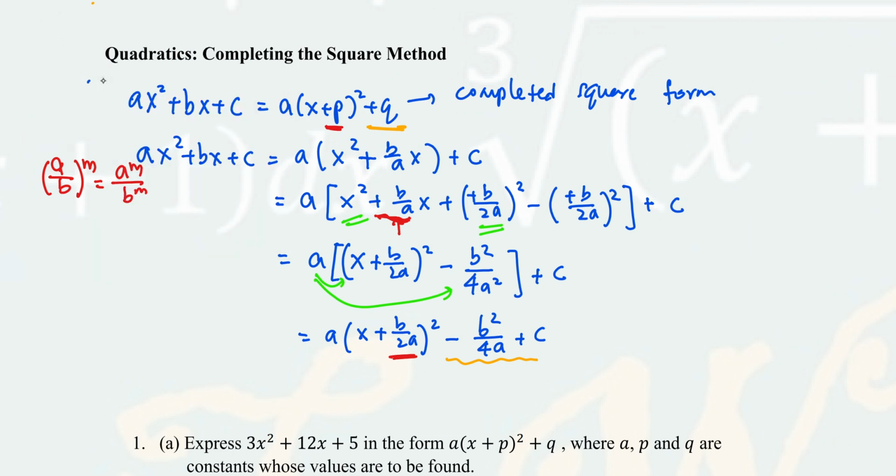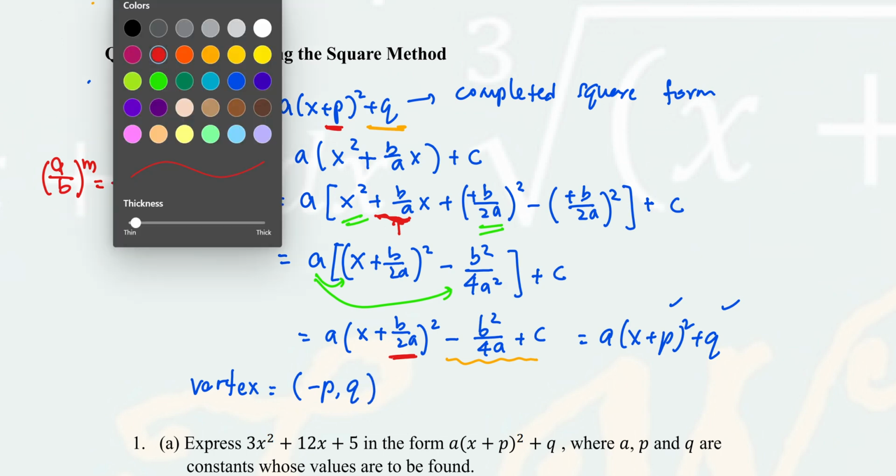So now from this completed square form, I can get the vertex. Vertex means the maximum or minimum point, right? Let's say I express this as a bracket x plus p squared plus q. When you get this completed square form, my vertex coordinates will be minus p and q.